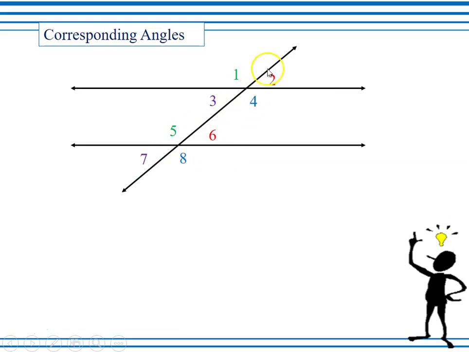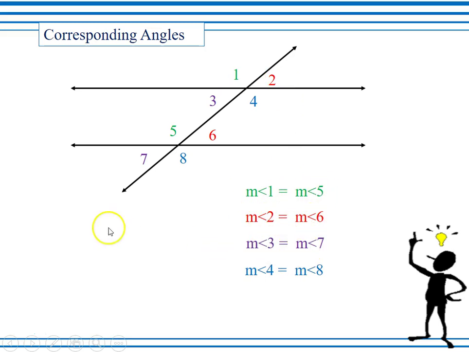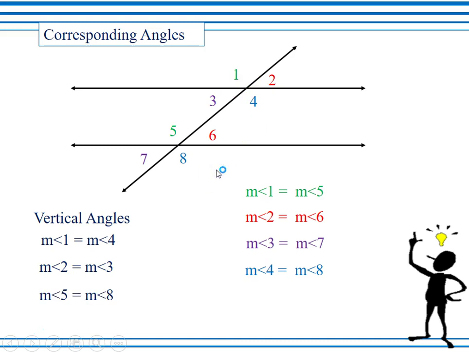Now remember, these are also two intersecting lines. So angles 1 and 4 will be the same, and angles 3 and 2 will be the same. So let's look at this. Here are all of our corresponding angles, and our vertical angles tell us that 1 and 4 will be the same, 2 and 3 will be the same, 5 and 8 will be the same, and 6 and 7 will be the same.